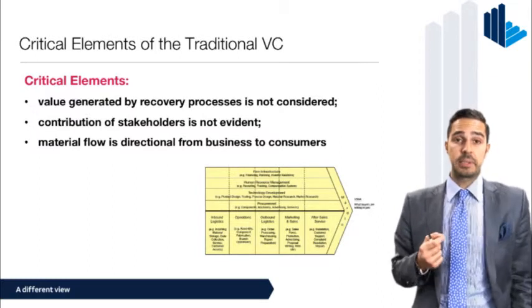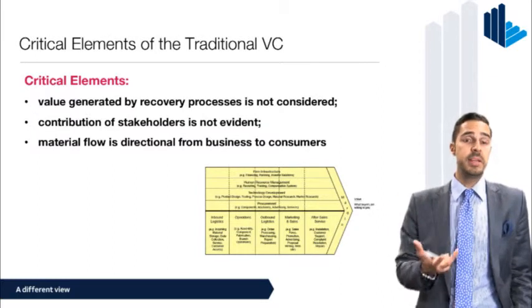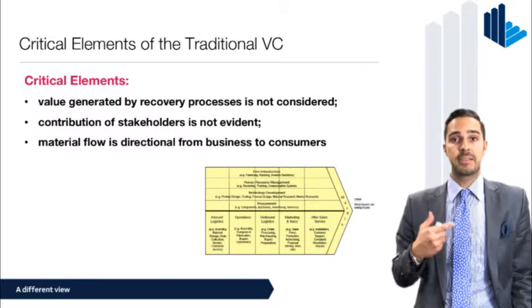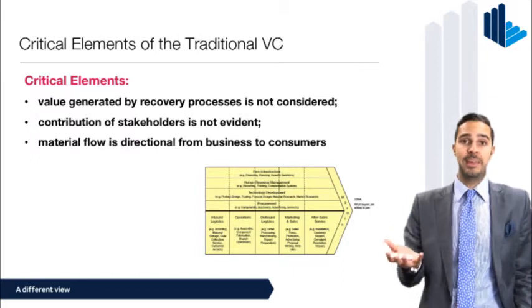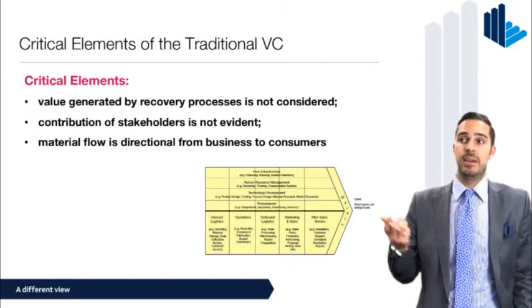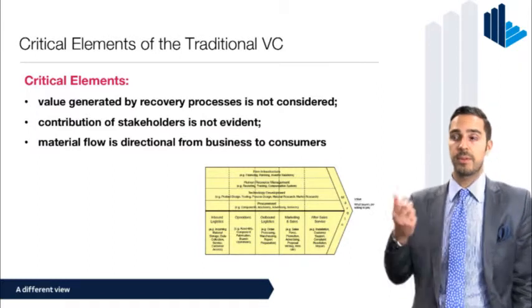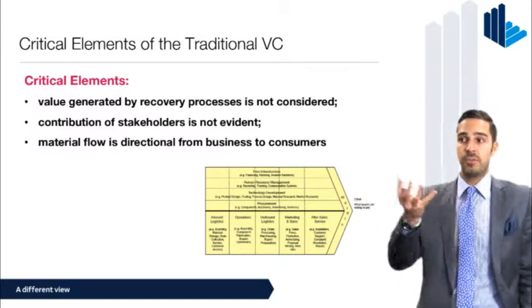Another important aspect is that the way this scheme is designed takes into consideration a material flow which is directional from business to consumers. This means from left to right.